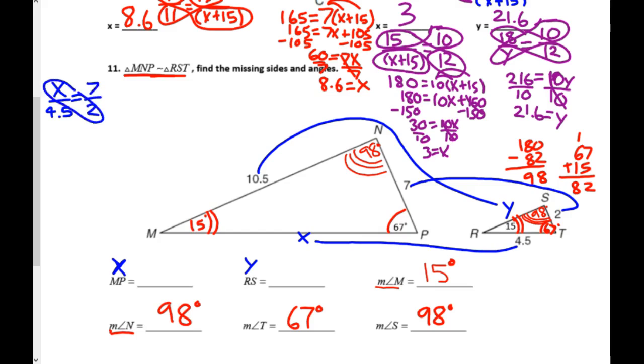We cross multiply, 2x equals 4.5 times 7, 31.5. And then divide by 2. Make sure you press Control Enter.